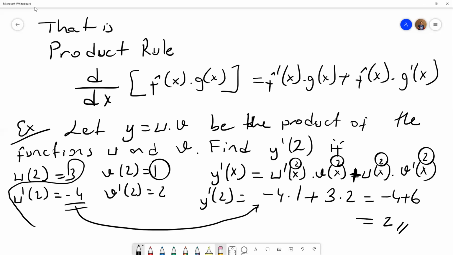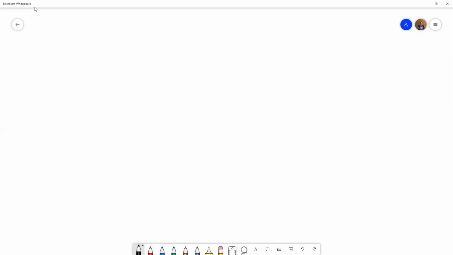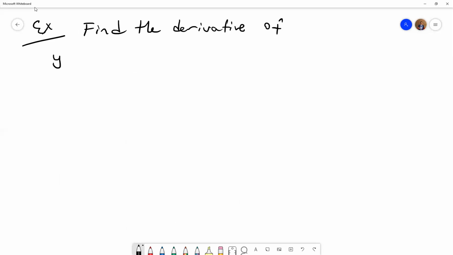And another question. Find the derivative of y is equal to x squared plus 1 times x cubed plus 3.